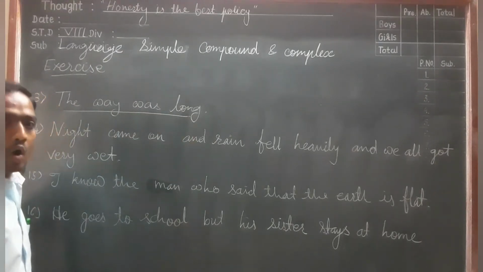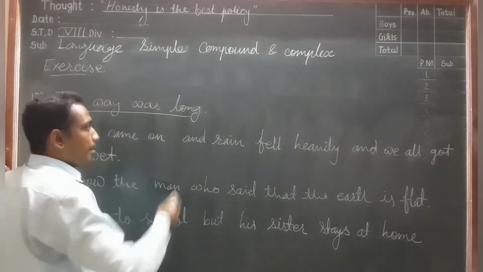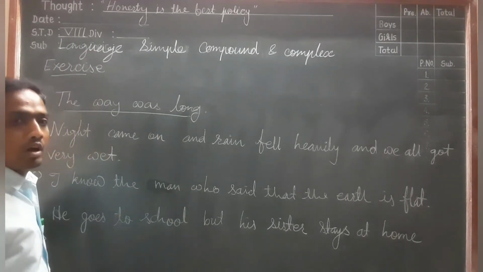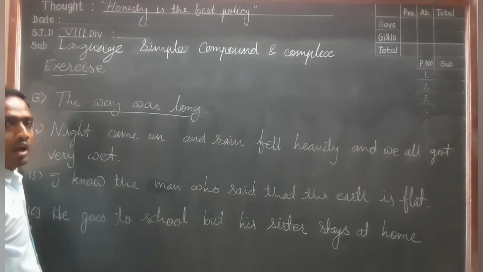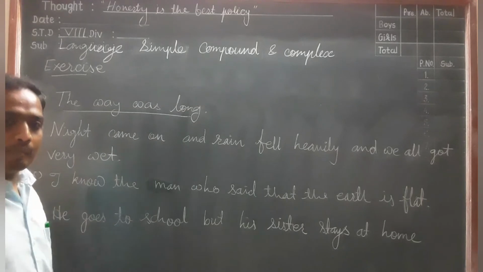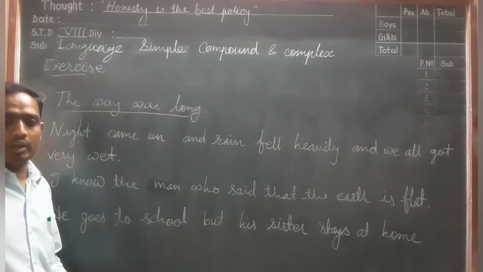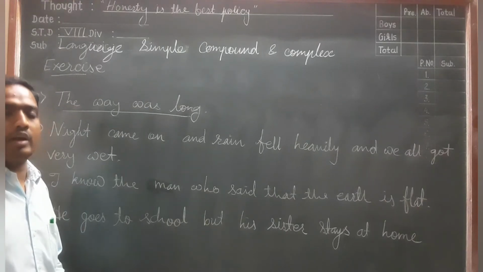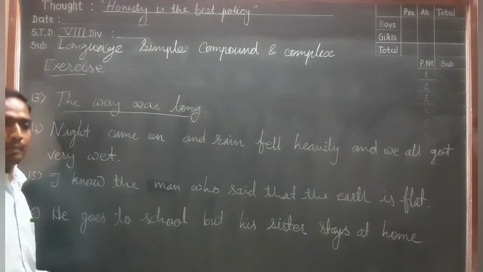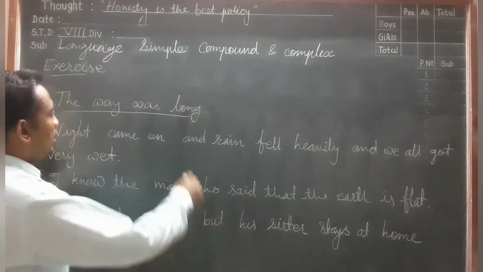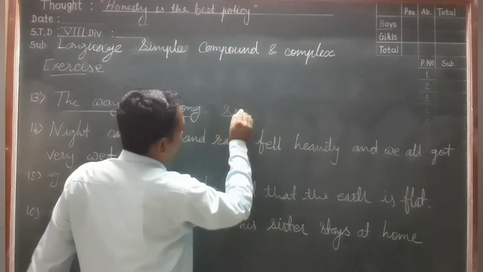It has only one clause and it can make its own complete meaning. And it has only a main principal clause. And whenever in the sentence there is only one meaningful clause, one principal clause, the sentence will be a simple sentence.